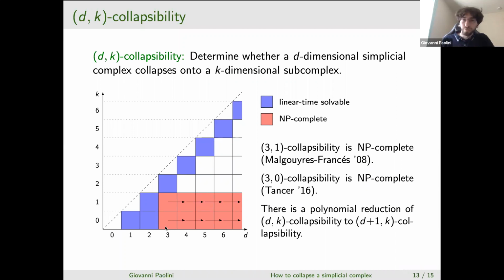And it is quite trivial to extend this to the right, because if you have a d-dimensional simplicial complex, you can attach by a vertex a d+1 simplex. This doesn't really change the problem, but you increase the dimension by 1. So increasing d does not really change anything here.